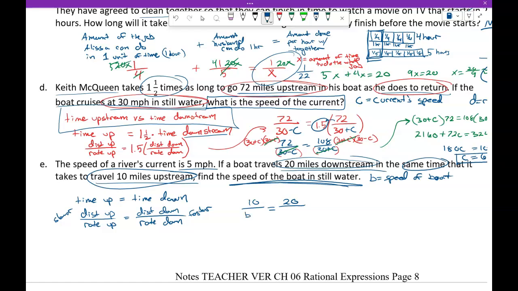So when we're going upstream, the current is slowing us down by 5 miles per hour. When we're going downstream, the current is speeding us up by 5 miles per hour. So we're going to have B minus 5 to go upstream, B plus 5 to go downstream. Then we multiply by our LCD.